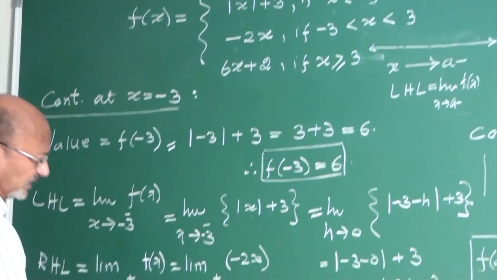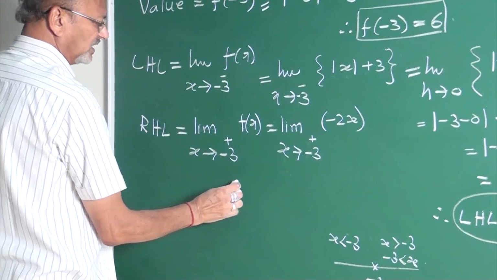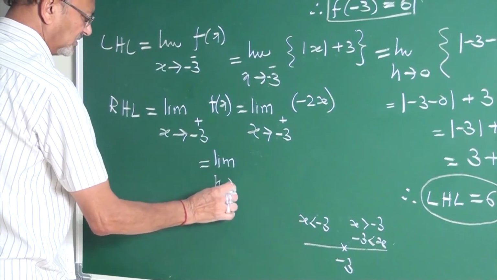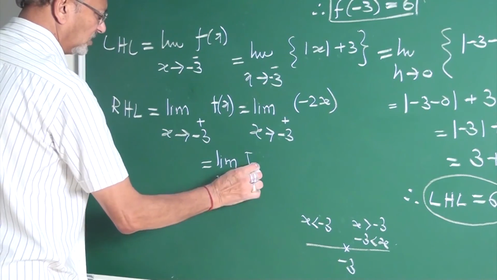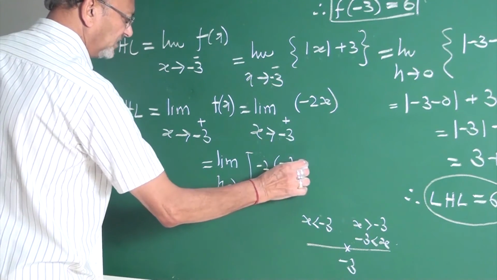Even directly you can put x equal to minus 3; otherwise, replacing by h, limit as h tends to 0 of minus 2 into minus 3 plus h.